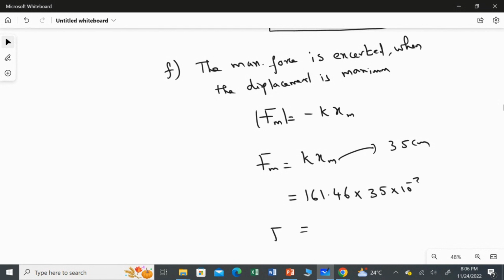Then 161.46 multiplied by 35 times 10 to the power minus 2, I got 56.51. What's the unit of the force? Its unit is Newton. Clear?